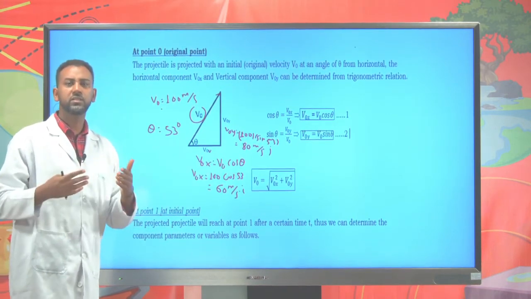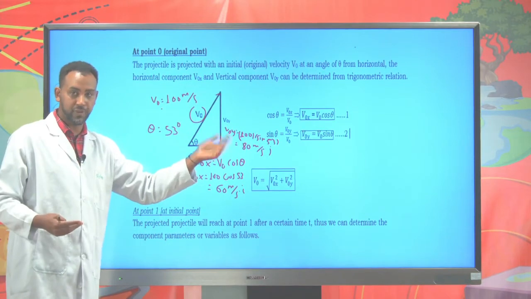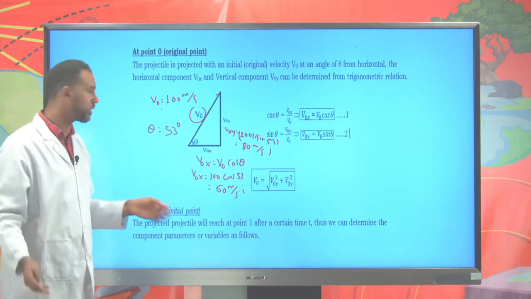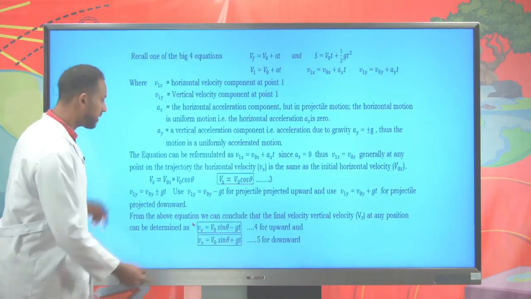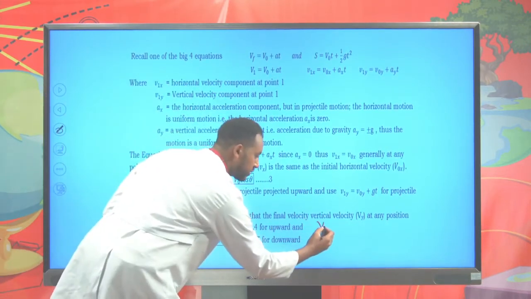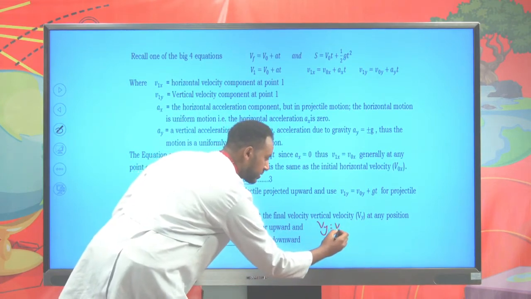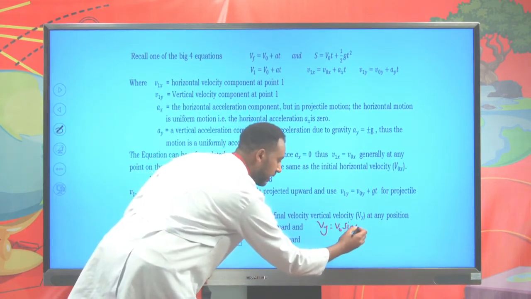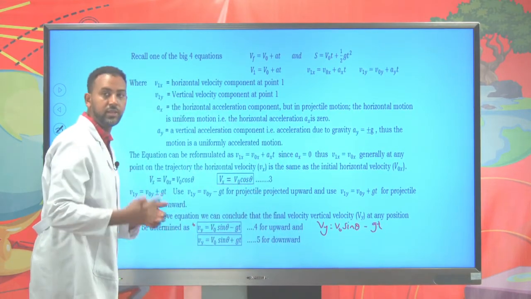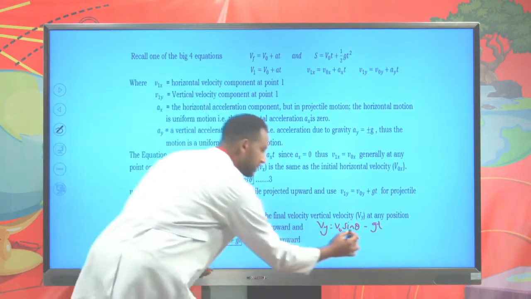Suppose, what is the vertical velocity of this particle after 2 seconds? To determine it, vy equals v naught sine theta minus gt. This is how we put our equation, and the time given is 2 seconds.